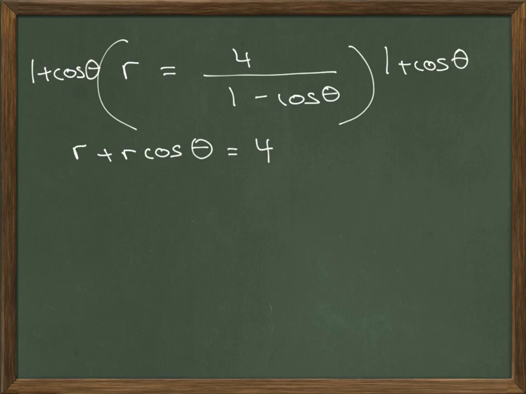Okay, now r cosine theta is x, so r plus x equals 4. Now I'm going to do something with this r in a second. I'm going to subtract x first. I get r equals negative x plus 4.